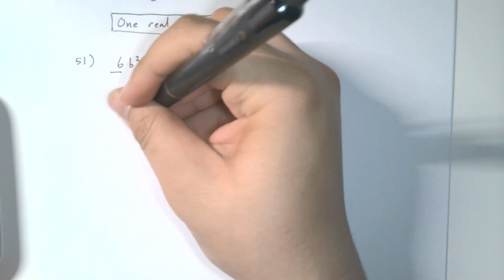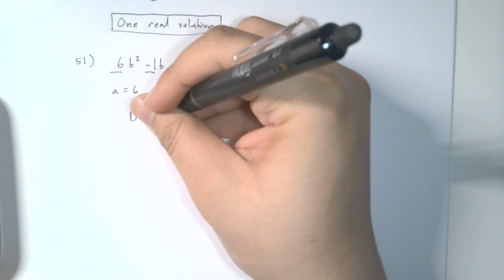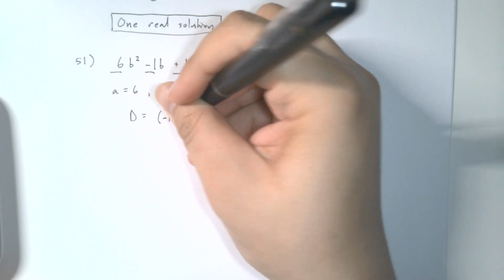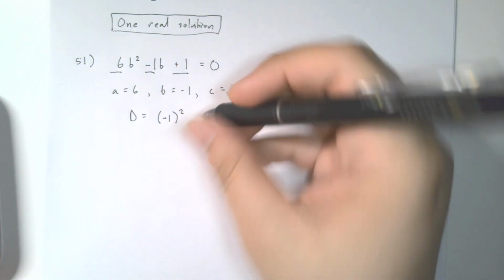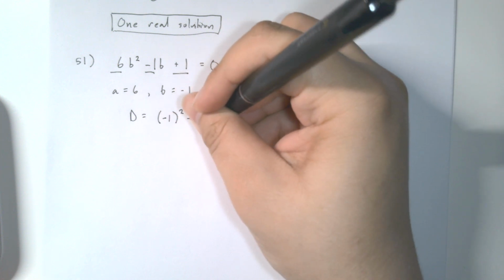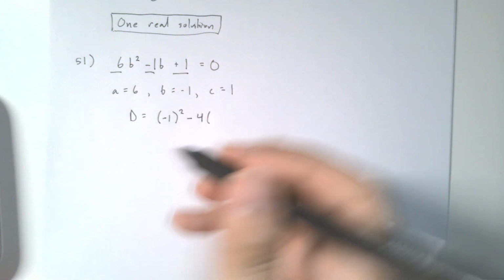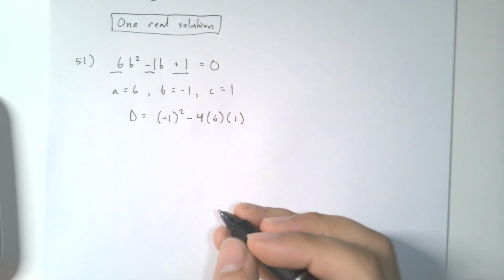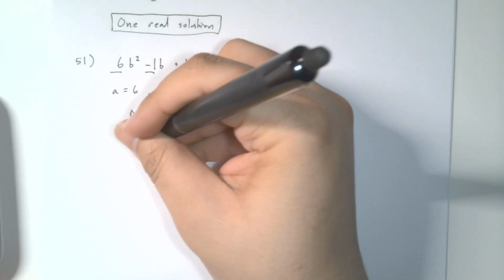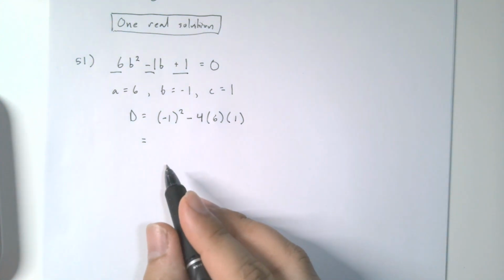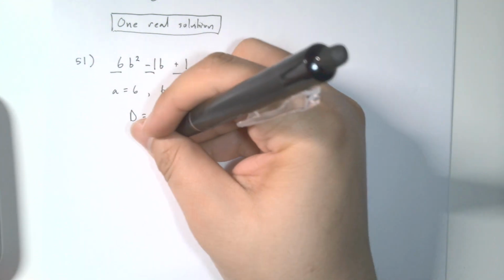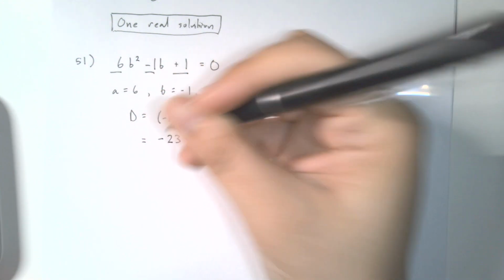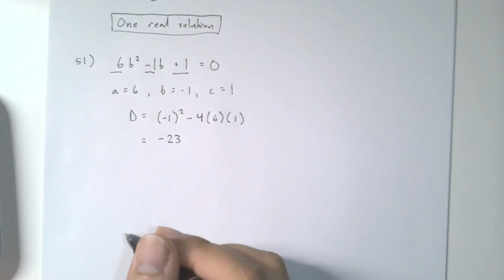So our discriminant is going to be given by negative 1 squared, so b squared, minus 4 times a, which is 6, times c, which is 1. And calculating this out, probably in your calculator, is negative 23.